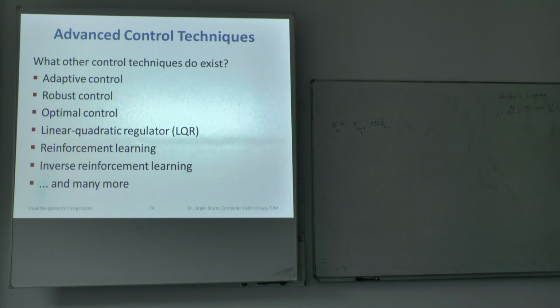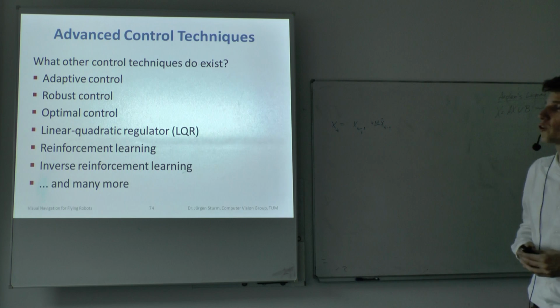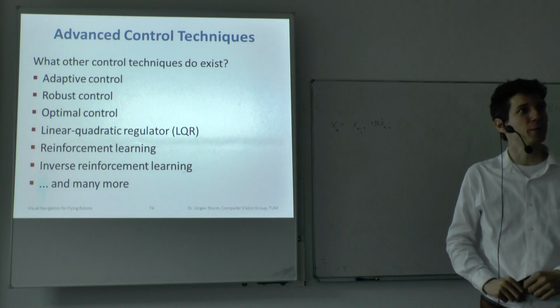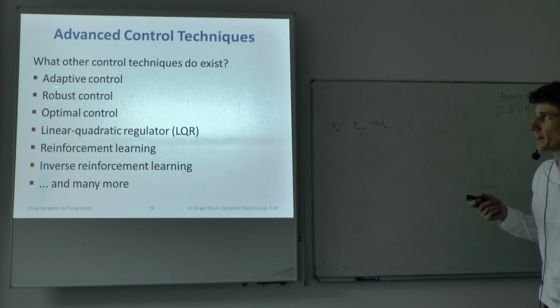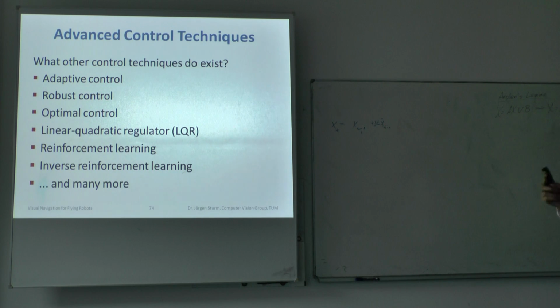PID control is the most widely used control technique, and we want you to implement that in the third exercise sheet. But there are of course many more control techniques that I didn't discuss here. For example, there is adaptive control. I'll just briefly discuss the fields so that you have a rough idea what they mean.